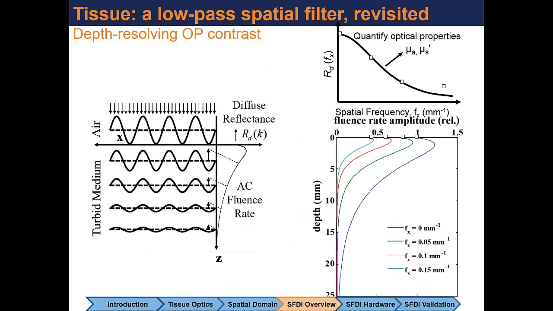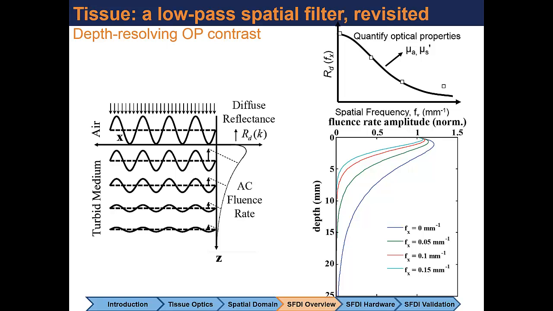So back to tissue being a low-pass spatial filter, we talked about how these waves are damped in depth and that at the surface they show a low-pass filter function versus spatial frequency. If we normalize the depth function, though, you can see that there's a difference in the depth interrogation volume of each of these frequencies.